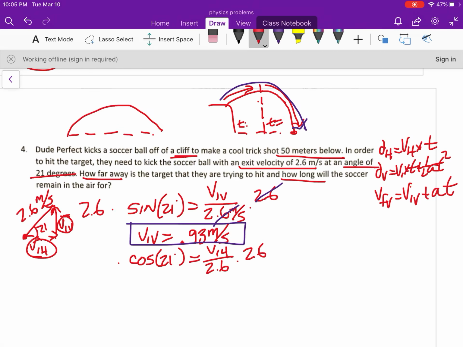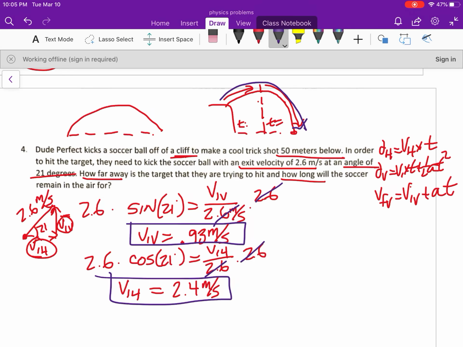Multiply both sides by 2.6. Goes away over here. And I'm left with my initial velocity in the horizontal is 2.6 times cosine of 21 degrees, which is 2.4 meters per second. Okay, so now I have both of those, so now I can start plugging things in.